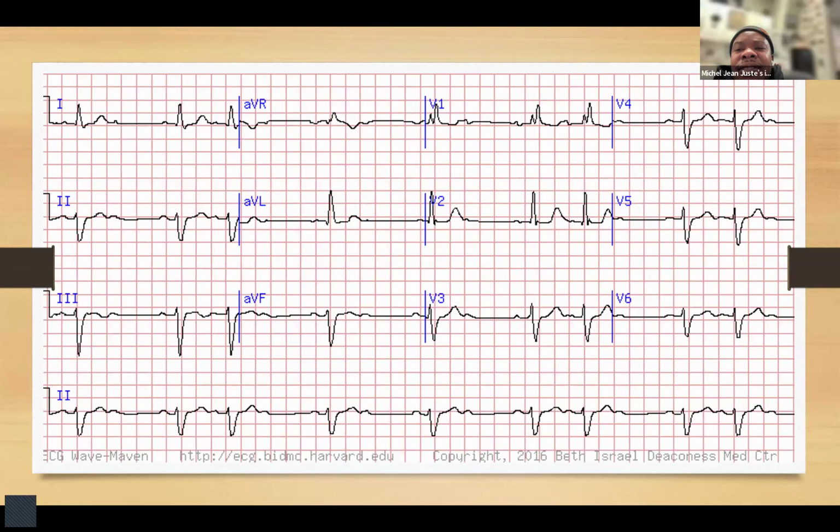So if we were going to give it a pattern, sometimes these things come in patterns of 2 to 1 or 3 to 2. What would you say it is? So if we were going to look at the bottom rhythm strip, we have the first complex, we have a P wave, we have a T wave, and then we have a P wave that's not conducted.